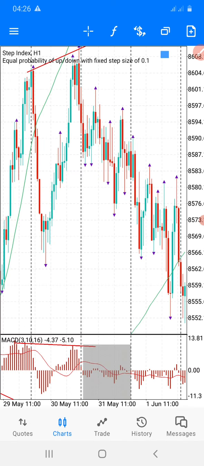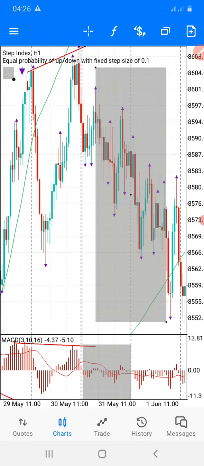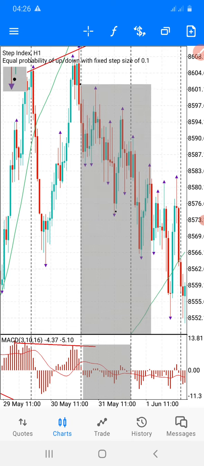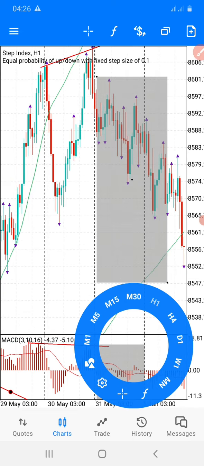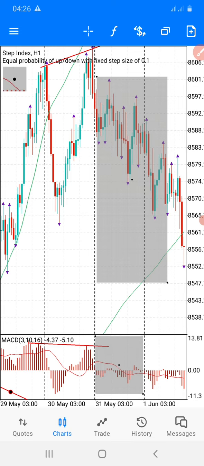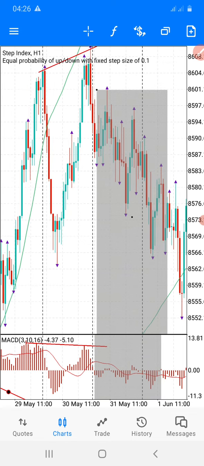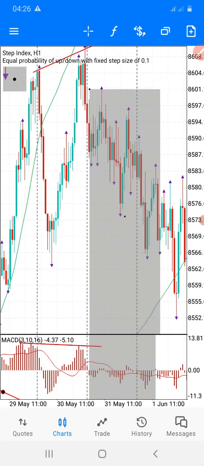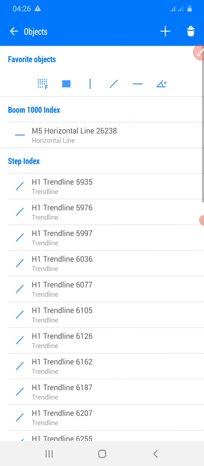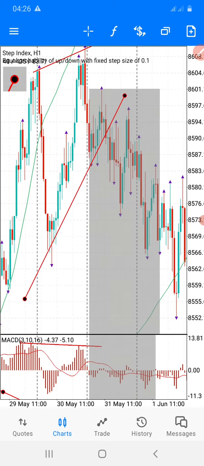And then here is our main chart. And here we have this beautiful break of structure.